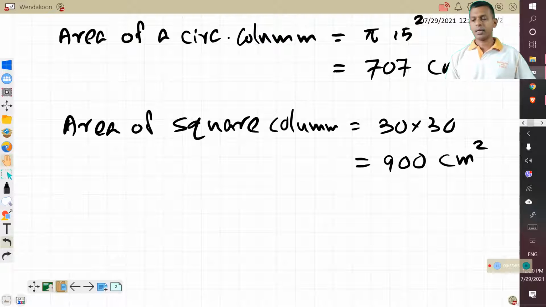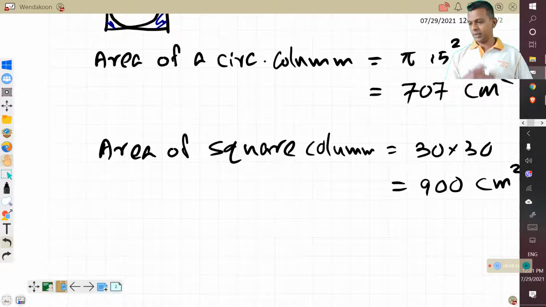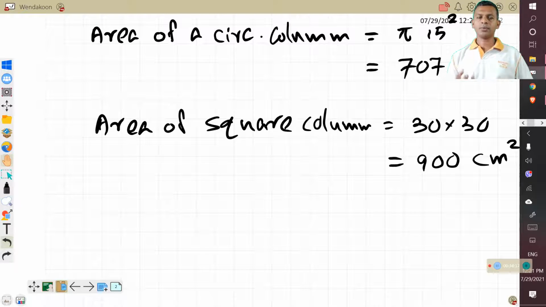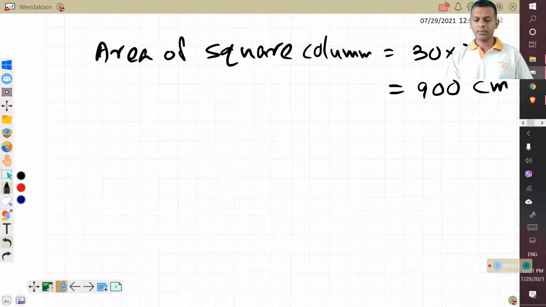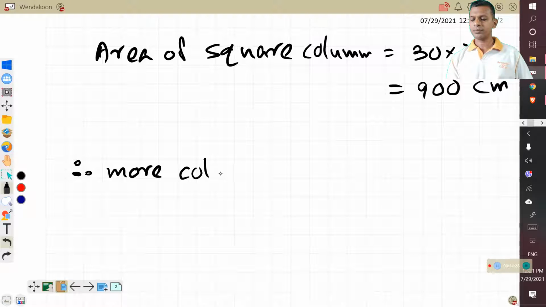Then you can compare these two values and say the area of the square column is greater, therefore more columns will be needed. Whatever the way, you can compare the area of circular columns and square columns and say that square columns have greater area, and then you can give the conclusion, therefore more columns are needed.